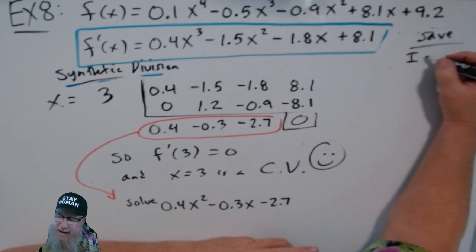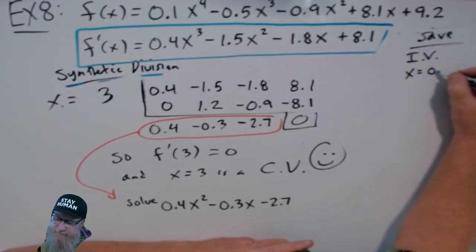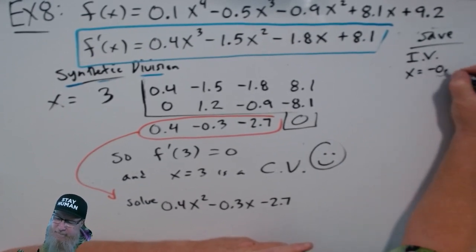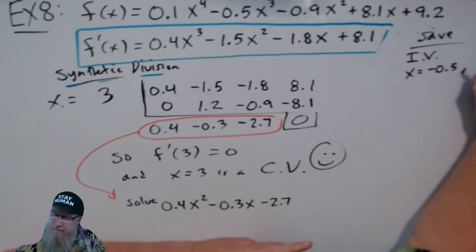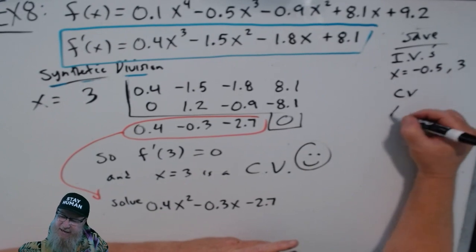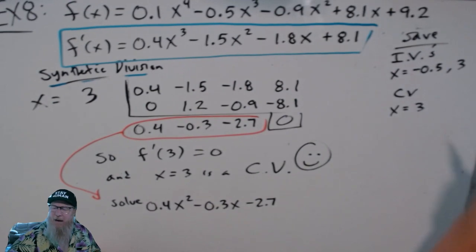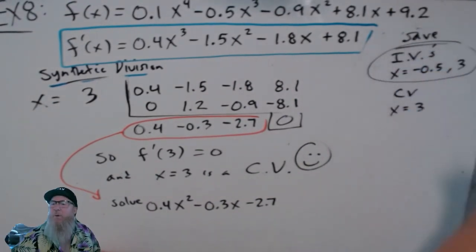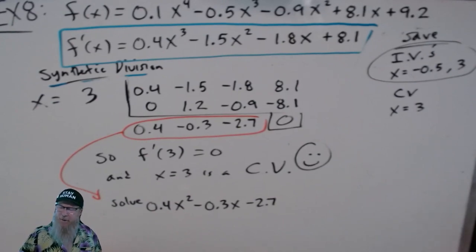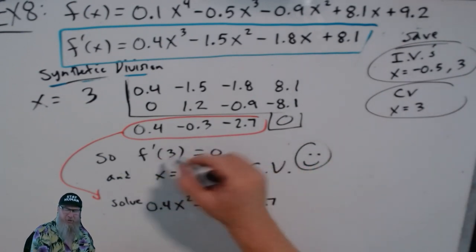I got IPs or IVs. So those are my IVs. I got a CV at 3. Remember, IVs, inflection values, or inflection points. I guess you can call them IPs as well. That's where the second derivative is 0. Critical values are when the first derivative is 0.